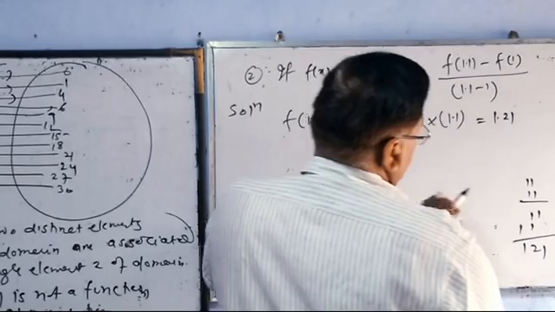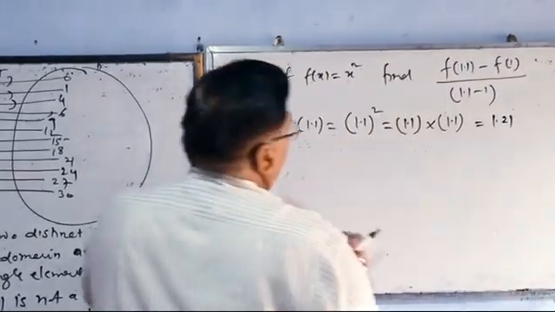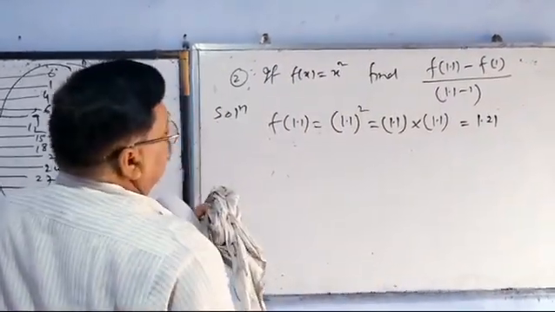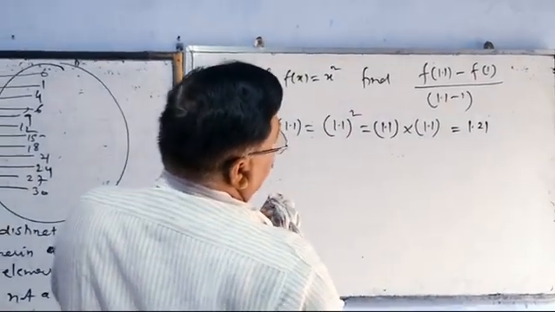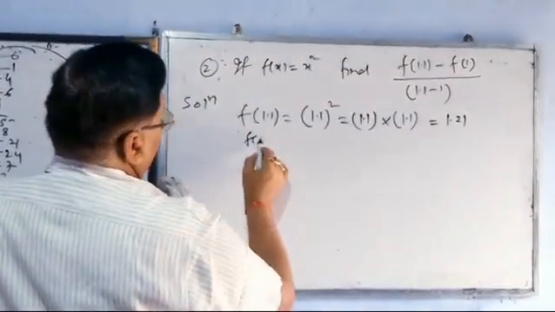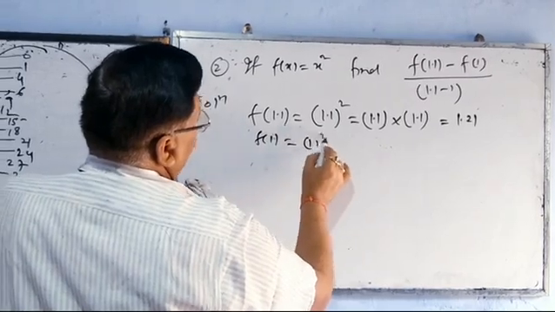This is the value of this. f(1.1) is equal to 1.21, and f(1) is equal to 1 square, which is 1.